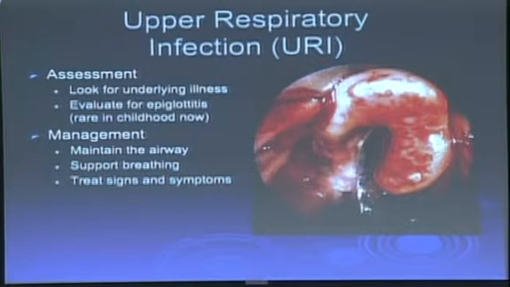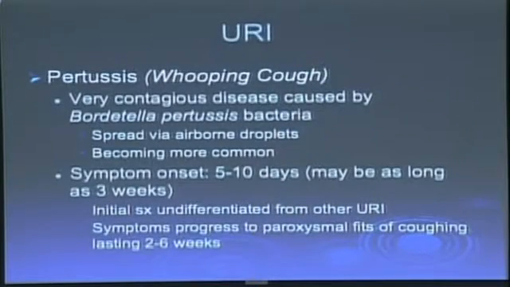We attempt to intubate in an operating room setting so that if we can't intubate the patient, we go ahead and do a cricothyrotomy or a tracheostomy. So basically, management of upper respiratory infections is maintaining the airway and getting them for evaluation if you actually have a problem.